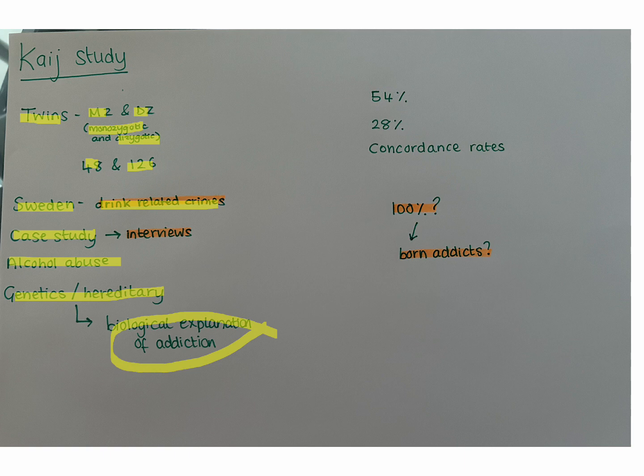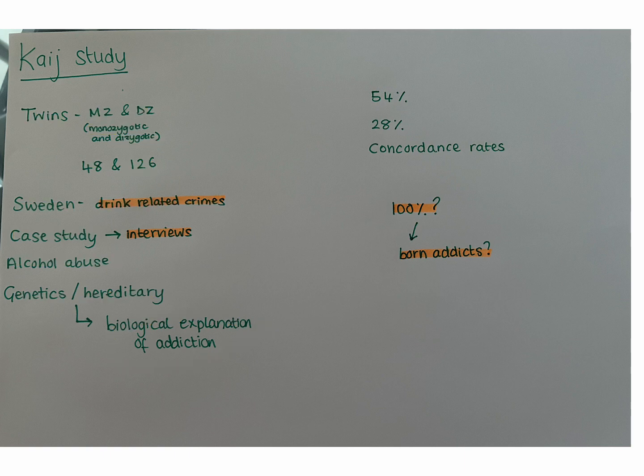So I'm just going to remove that highlight so you can fully see the terms. Moving over to the findings now. 54% of the MZ twins, so the identical twins, which are highlighted in yellow, were both alcoholics, compared to only 28% of the dizygotic twins, which I will highlight in green.